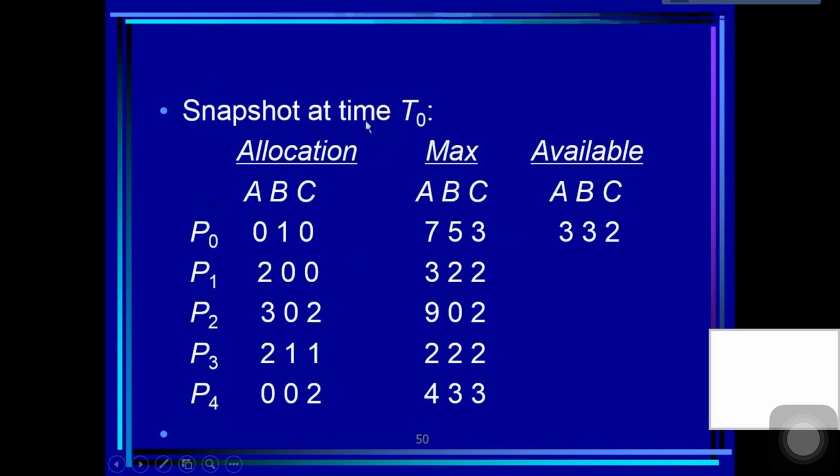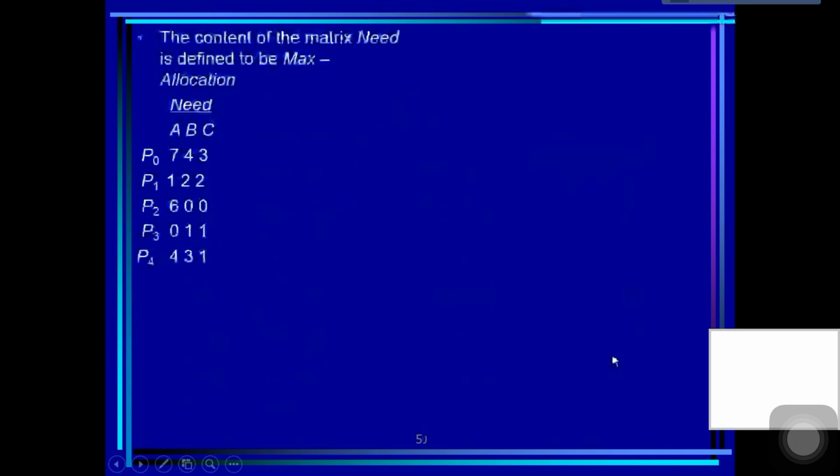So, a snapshot at time t0, we can also say the state of the system at time t0. We get the Allocation matrix, the Max matrix, and the Available vector. By the Max matrix and Allocation matrix, we use Max minus Allocation, and we get Need.